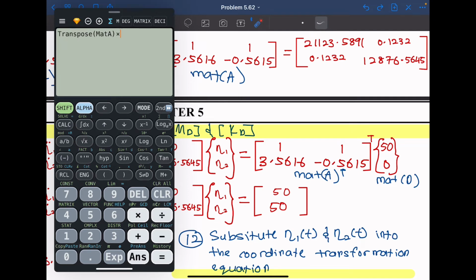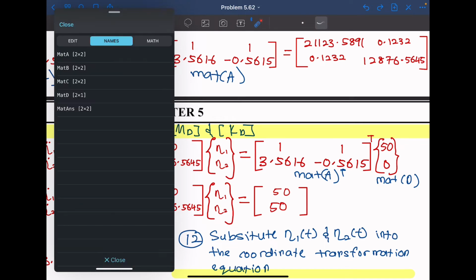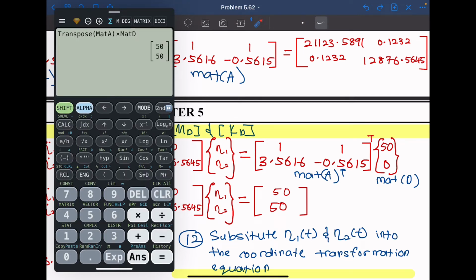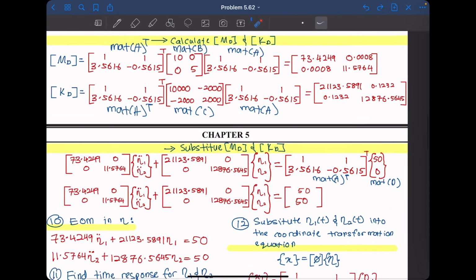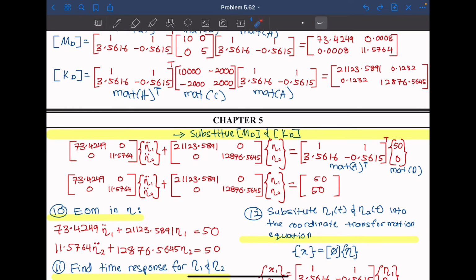Only then you multiply with your matrix D, which is your force matrix. So calculate. Shift 4, go to matrix D. After you calculate, you'll get 50 and 50. So you've already got that.